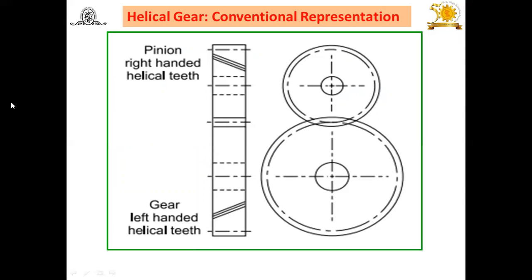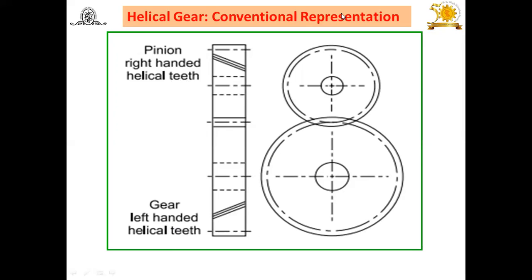Again, here you will find the lines are sloping. Look at this. For right hand, the lines are sloping towards the right, so you can say it's a right hand helical tooth. And in left hand, the lines are sloping towards the left, so you can say it's a left hand helical tooth, and they are going to mesh.